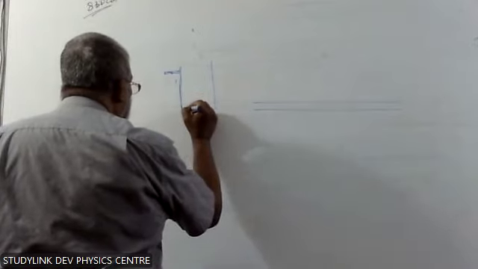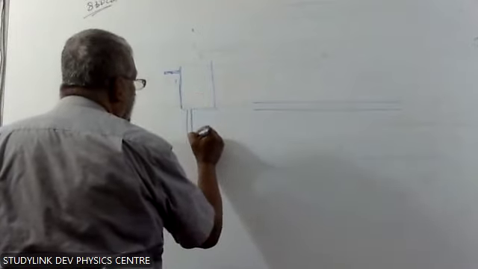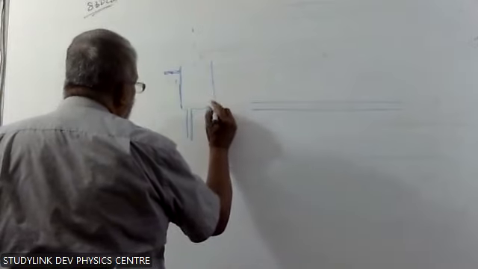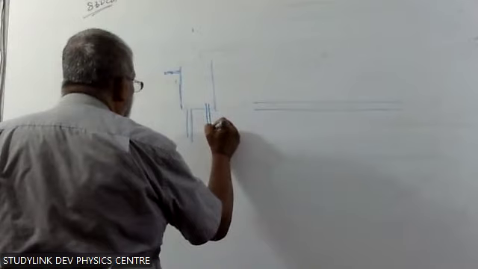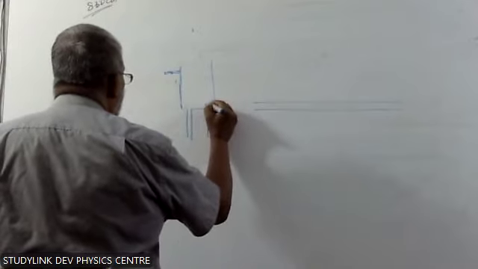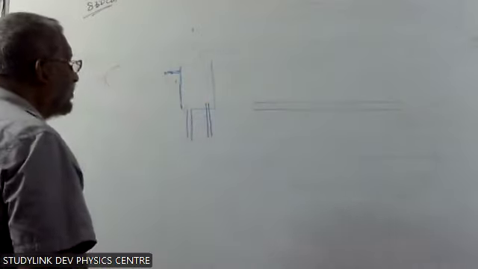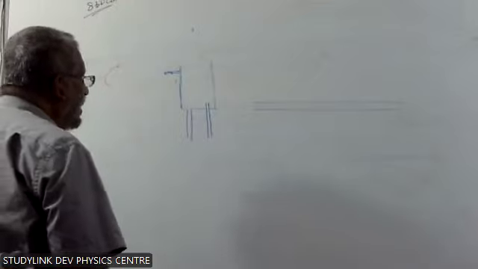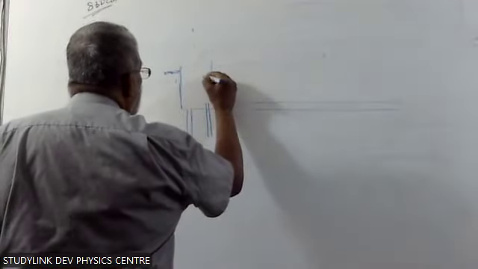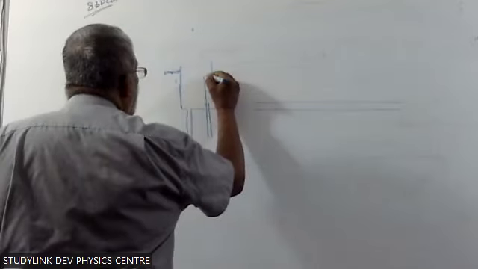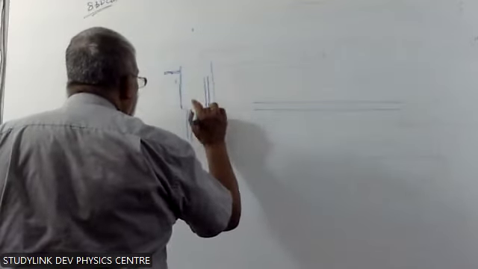One is starting from the bottom. The other one starts a few centimeters above the bottom. And another one goes to a certain height, but I'll draw this separately. And the other one is here.